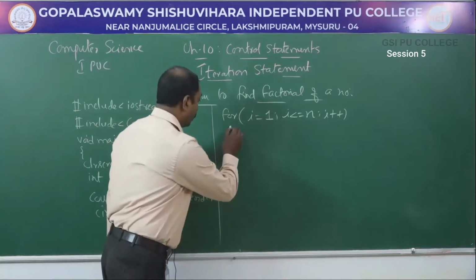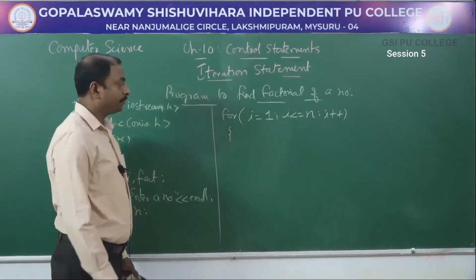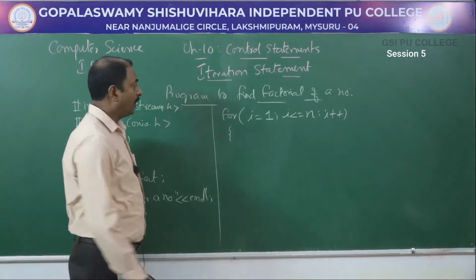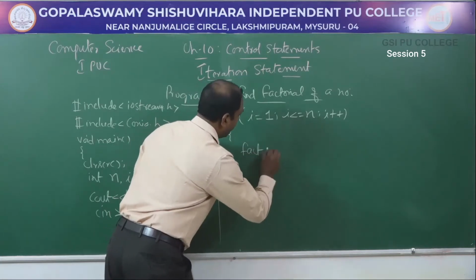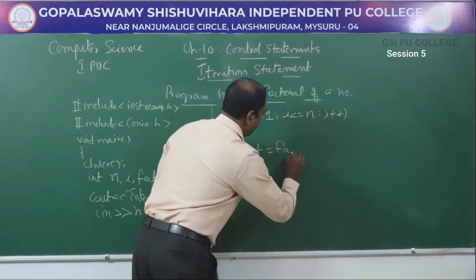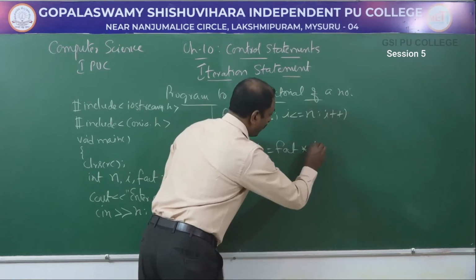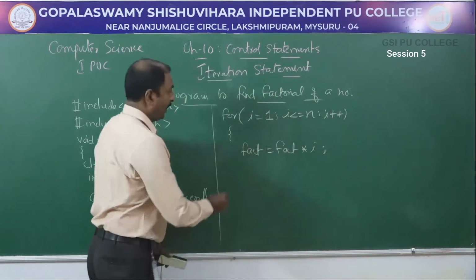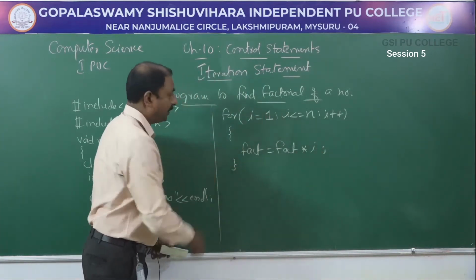And inside the for loop, we have to multiply the numbers: fact equals fact star i, and semicolon. And here I am closing this bracket.